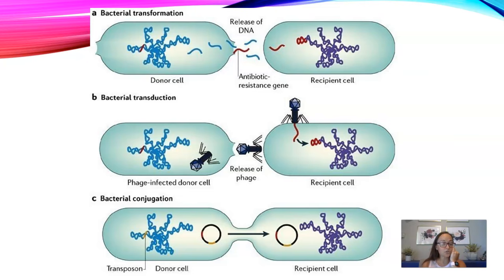So bacterial transformation is when bacteria have the ability to take up naked DNA from their environment. So for our example, if they have the off chance of taking up a gene that codes for antibiotic resistance, and now that is brought into them, that would give them high fitness and a good chance of surviving and reproducing in the presence of antibiotics. So that is an example.